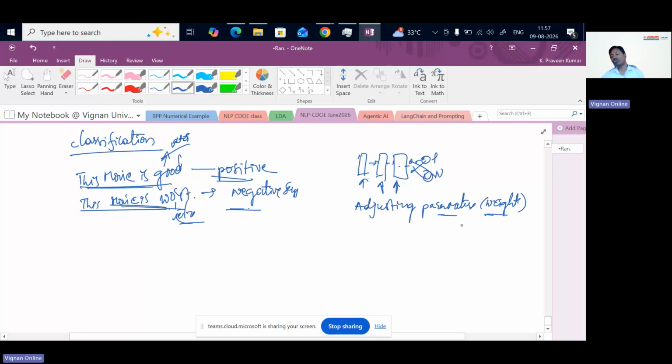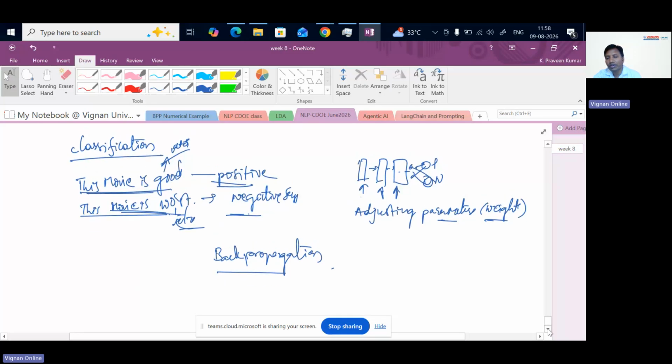These weights are going to be trained, or adjusted, as we call it. Again here we use the same algorithm called the back propagation technique.